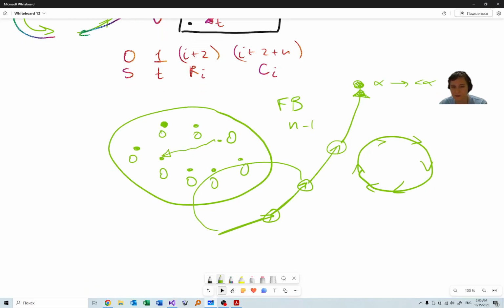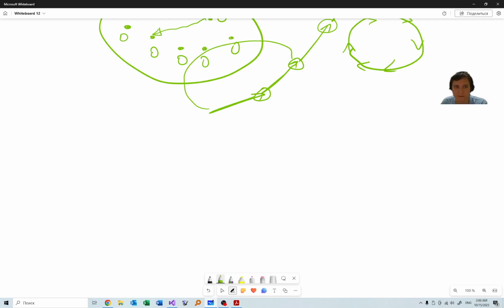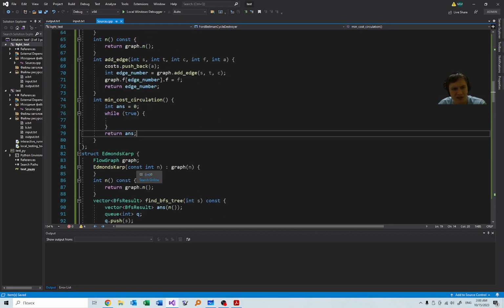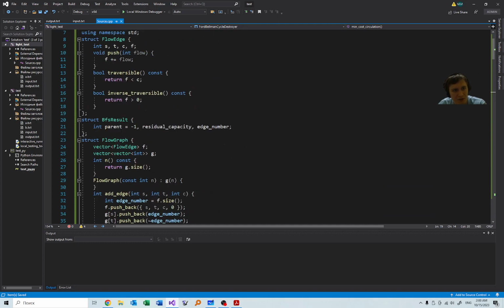I need to find minimum cost cycle. Okay. This is still kind of BFS result, I guess, because I need a parent, I need a residual cost this time, and I need an edge number. No, I do not need a cost. Yeah, I need a cost. Yes, I need a cost, but I can calculate it during the backtracking.